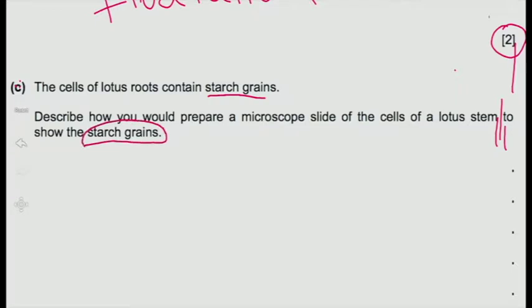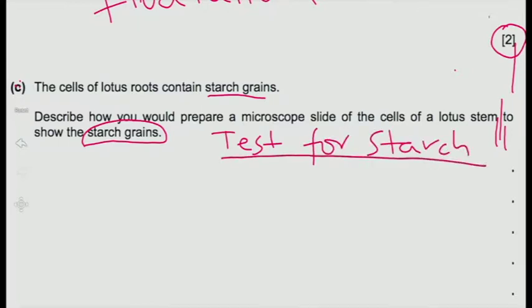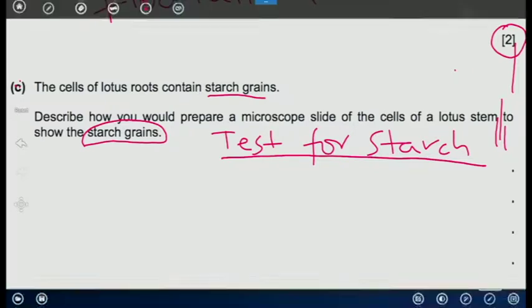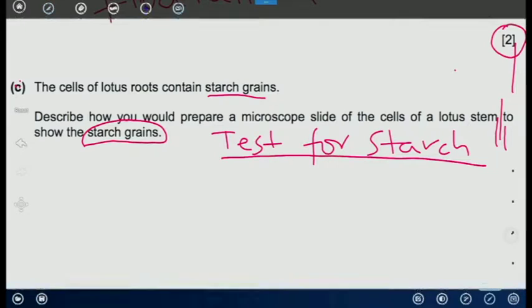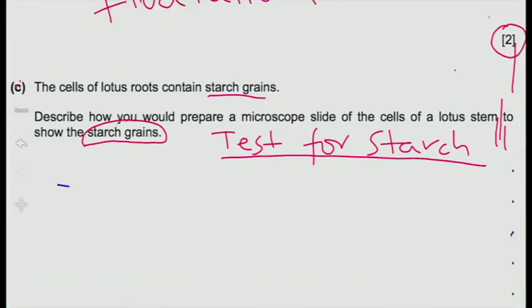So what this question requires of us is a test for starch. Preparation of your specimen as you are going to test your specimen for starch. 1. How would you test for starch from a lotus stem?